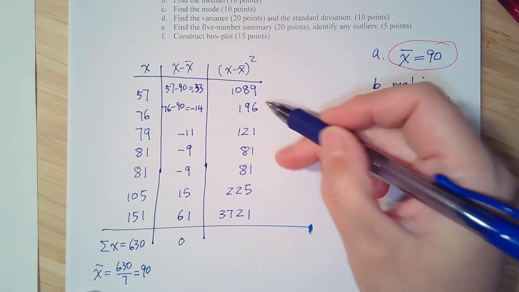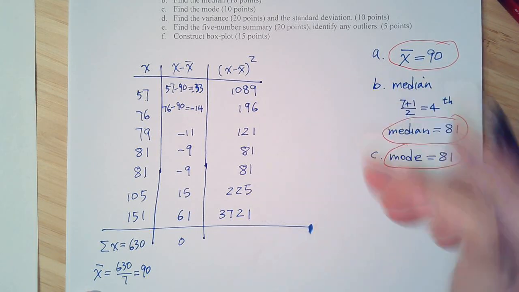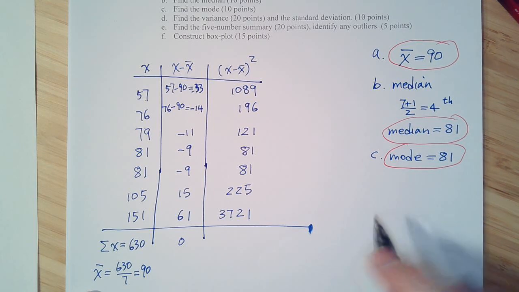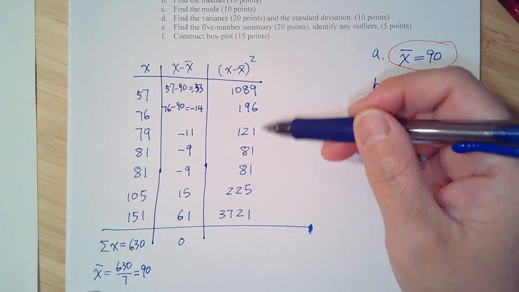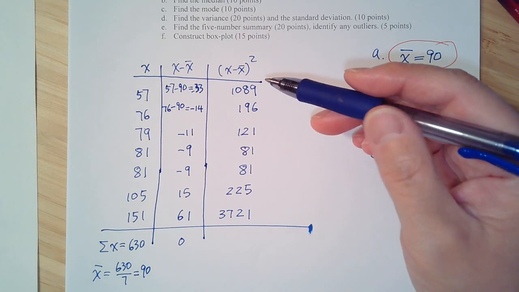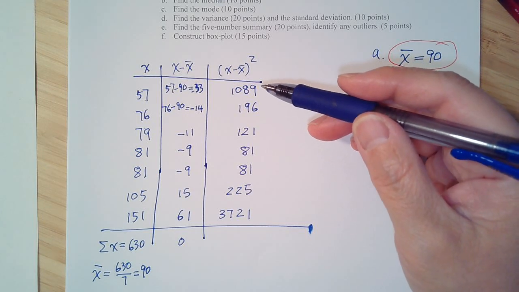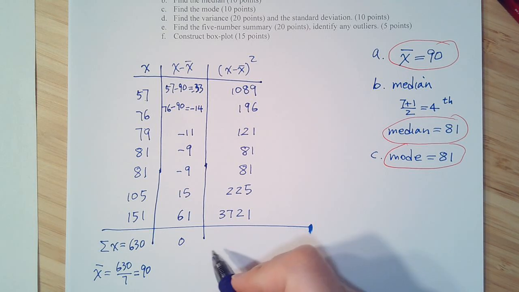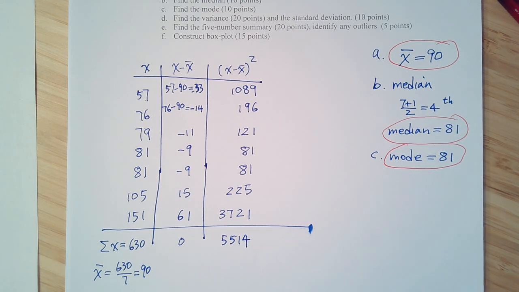The next part is we need to add them up together. You can use a calculator, but I don't want to pull out my calculator, so I just put down the number that I already know, which is 5514. That's the sum of the squares.